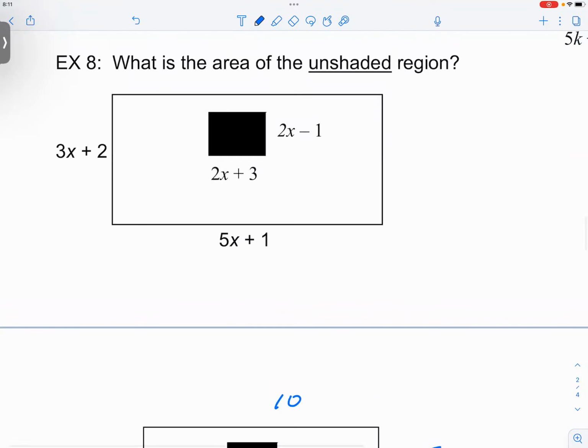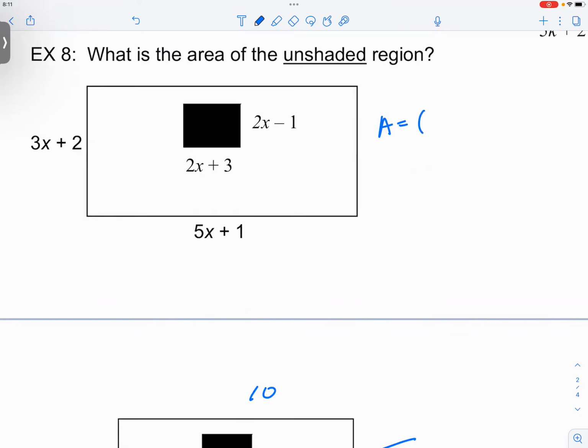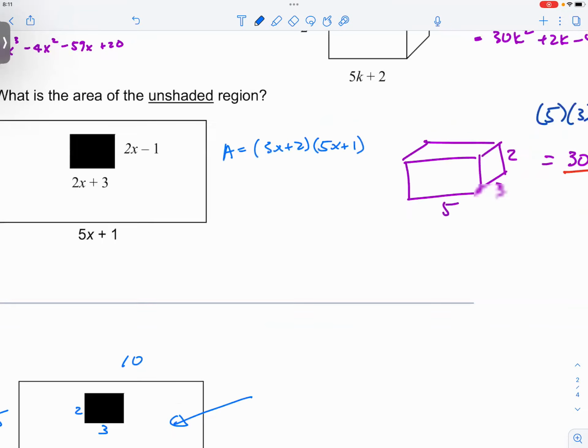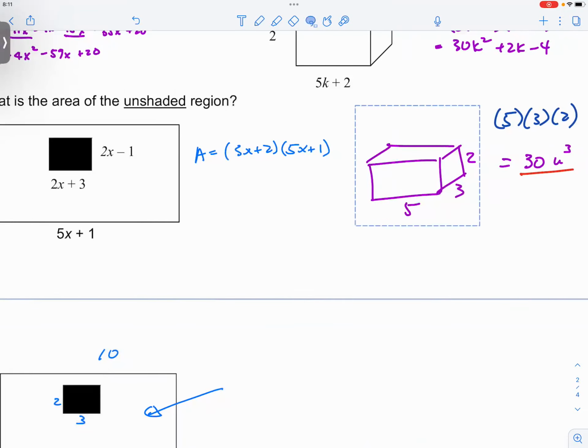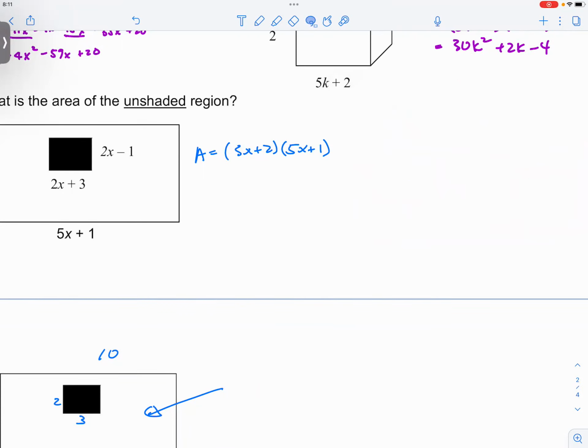You're like, oh, so the area of the unshaded region is simply the area of the big rectangle minus the area of the small rectangle.